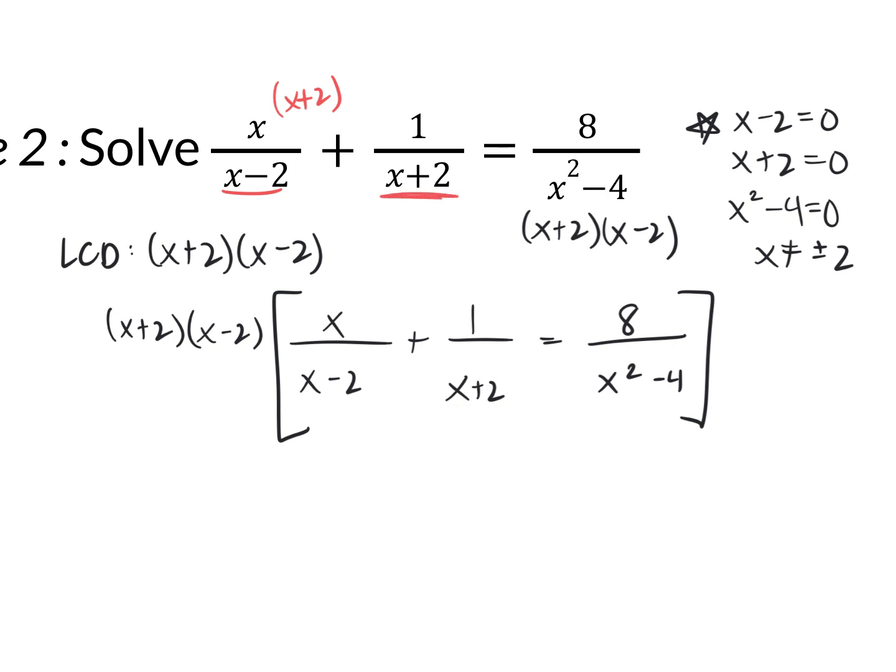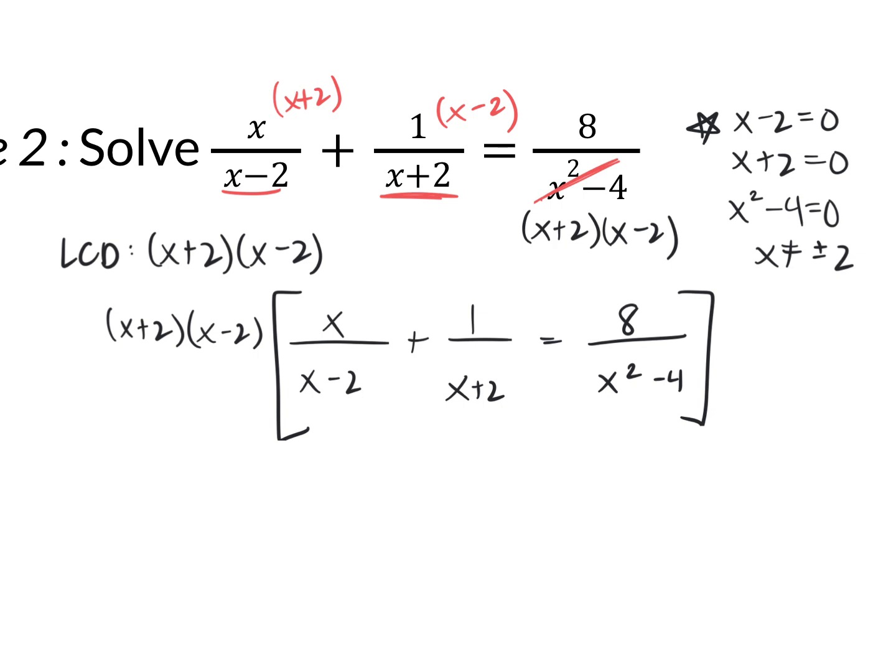This next one, I've got x plus 2, which means it would simplify out with this one here, and I would just need to multiply this by x minus 2, right? And then for that last one, since I have x plus 2 and x minus 2 in the denominator, I wouldn't need to multiply by anything. Well, I technically multiply by the whole thing of x plus 2 and x minus 2, but it ends up simplifying with the denominator, okay? So however you want to write it, if you want to write it like this, if you want to write it like the whole equation, either one works.